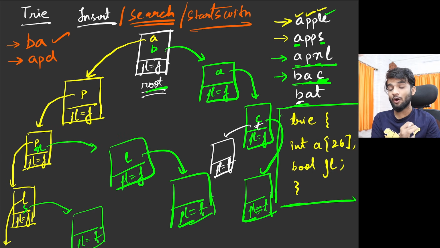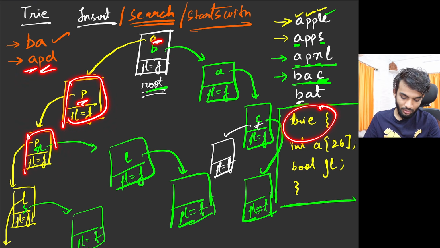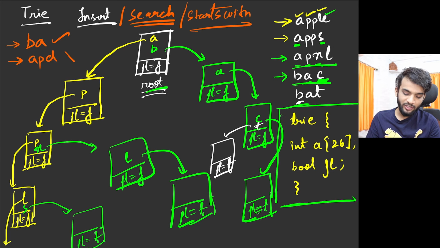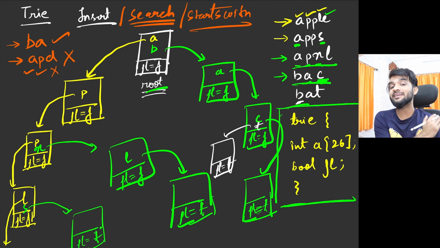So if you are encountering a null at any of these instances, and you're not encountering a trie, like for A you got it, for P you got it, but for D you did not get anything. Thereby, you can say there does not exist any word that starts with A, P, D, because for D you did not get any reference trie.